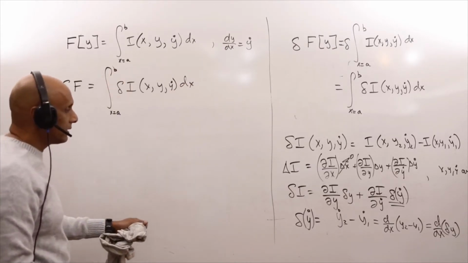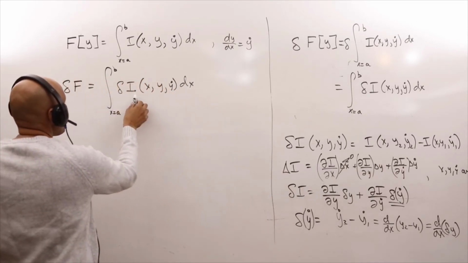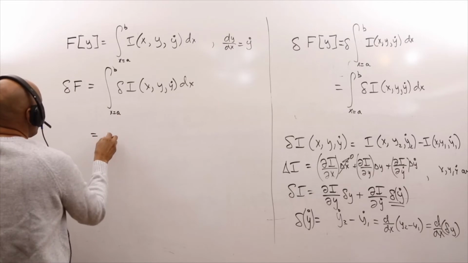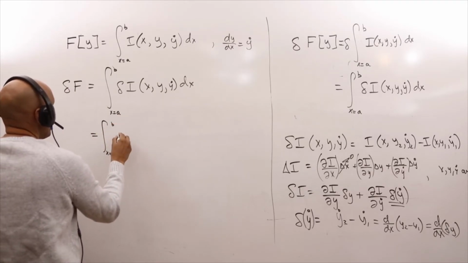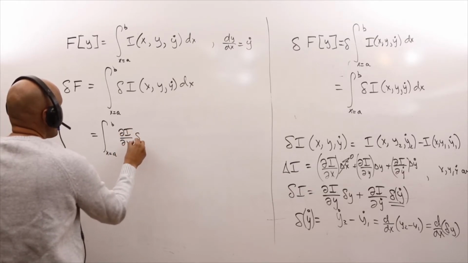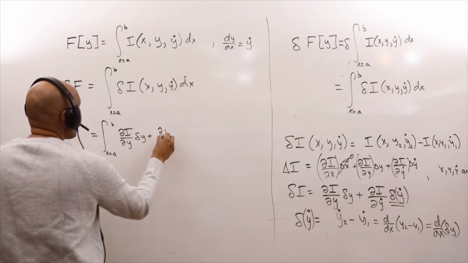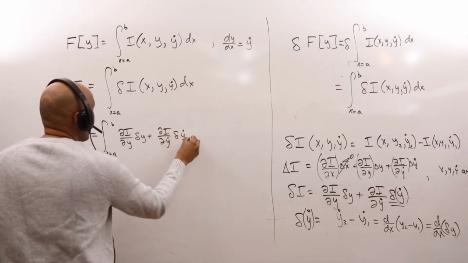So remember, these are the steps, I'm just doing it a lot faster. Next, I'm going to say that the change in the I is equal to the integral from a to b. It was really the partial of I with respect to y, with the variation of y, plus the partial of I with respect to y dot, with the variation of y dot, dx.